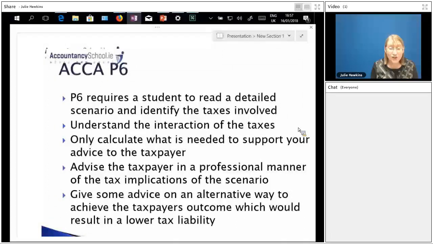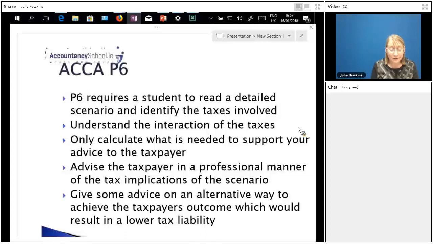It won't actually tell you the taxes to calculate. That's the first thing. Plus, each question will be on a multitude of taxes. So there could be 4 taxes involved in the scenario, and you have to be able to understand how these taxes interact with one another.